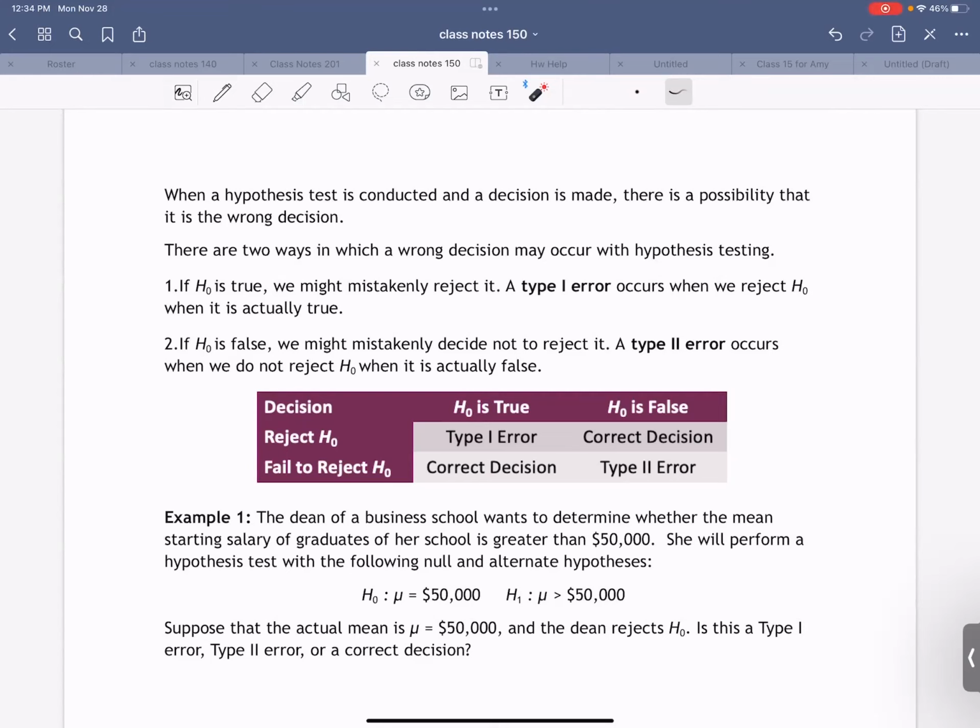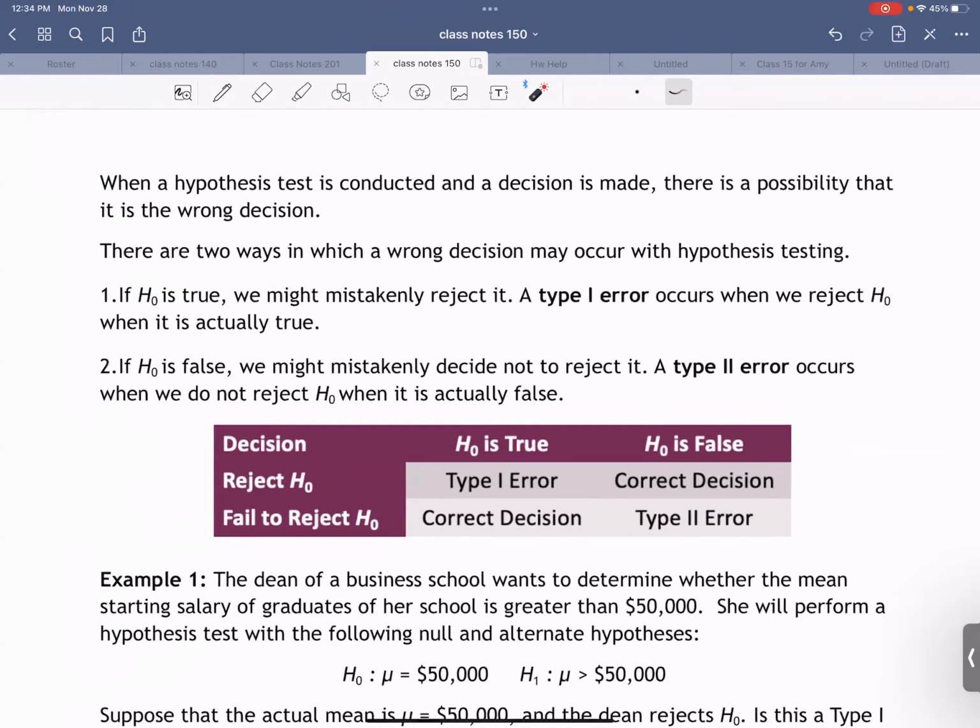Let's say that we concluded after getting 10 black cards in a row that the deck wasn't 50-50, and I turned around my deck and it actually was a 50-50 deck, right? Well, we made a conclusion based on our evidence, and it seemed like a good conclusion, but we made the wrong decision. That's an example of making an error. So we can say a conclusion, but in reality, it's not true. That's an error, and there are actually 2 types.